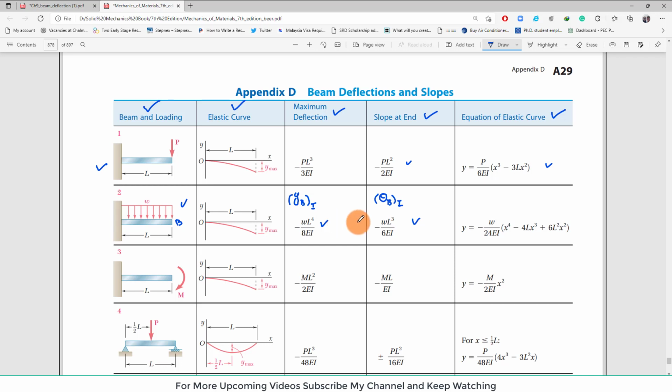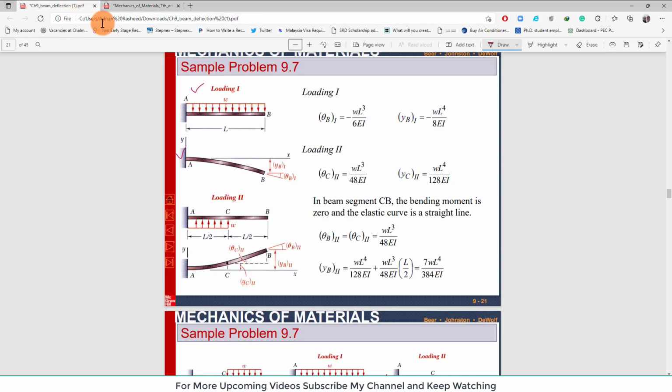So you can easily take this value in order to find the deflection and slope. So you note this value, clear. These are the same values that are written over here. So for loading 1, slope will be equal to minus WL^3 over 6EI, and deflection is equal to minus WL^4 over 8EI.